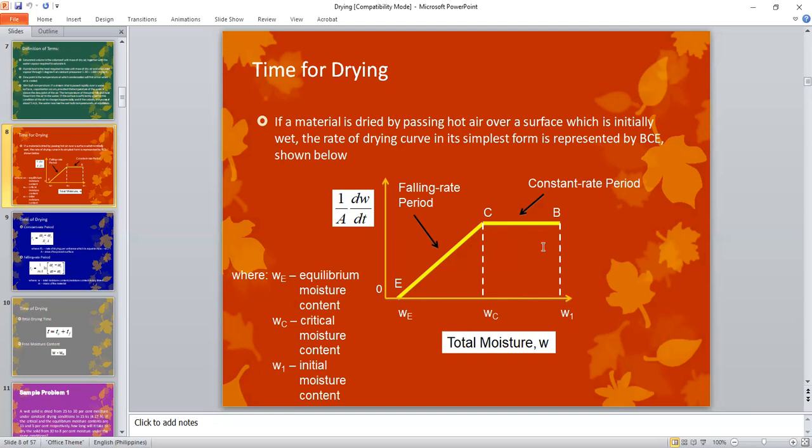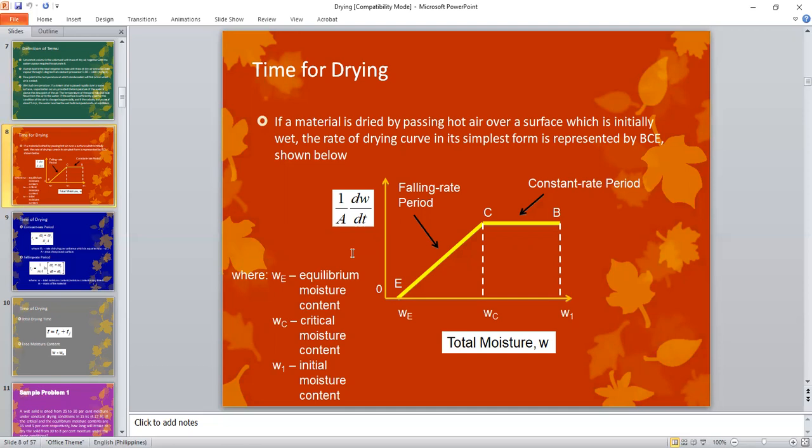What I'm trying to say is that this is the constant rate period because the rate at which the weight of the material changes over time per unit area of exposed surface during the drying time is constant. On the vertical axis we have this rate, the rate of change of the mass with respect to time, and the area, which is the area of the surface being exposed to the hot air passing above it.